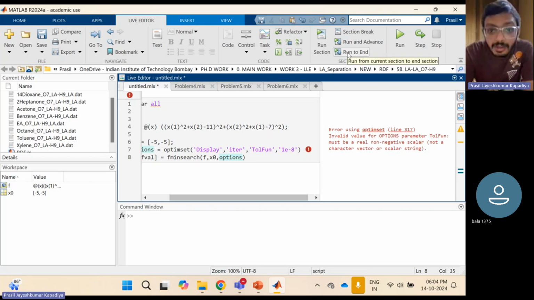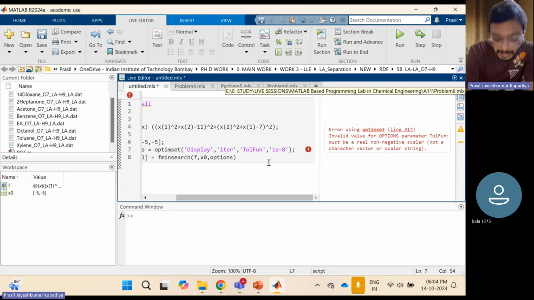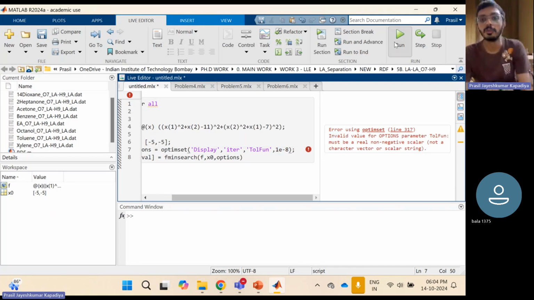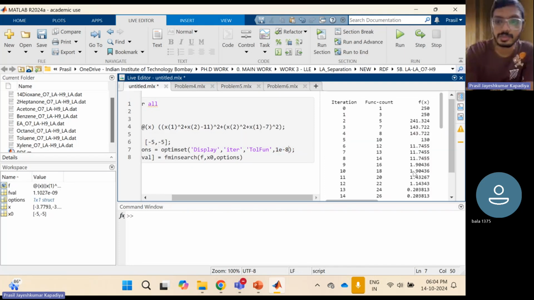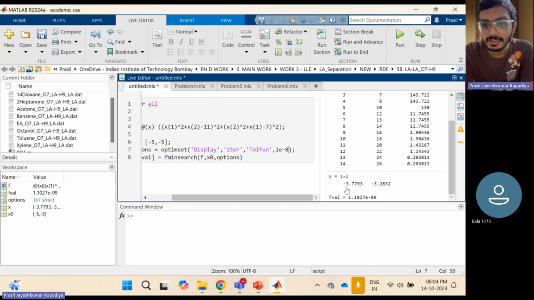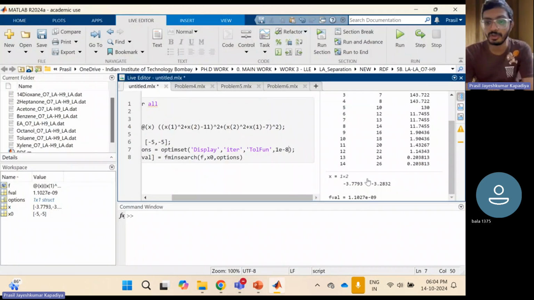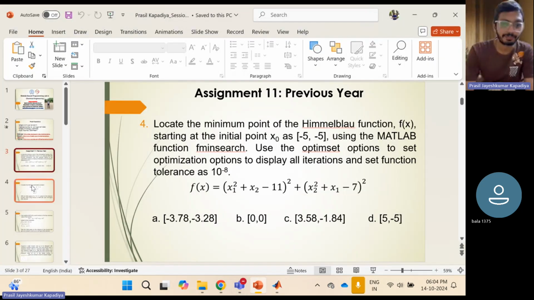Options is equal to optimset display iteration tolerance function. I think here it is 1e, okay, yeah, here it's not like this. So if we run this, we get the same output, that is minus 3.78 and minus 3.28, with a value of less than 10 raised to minus 8.